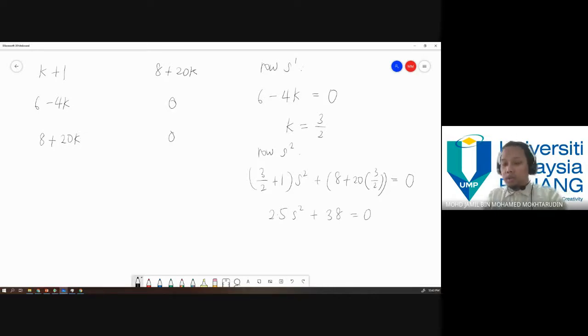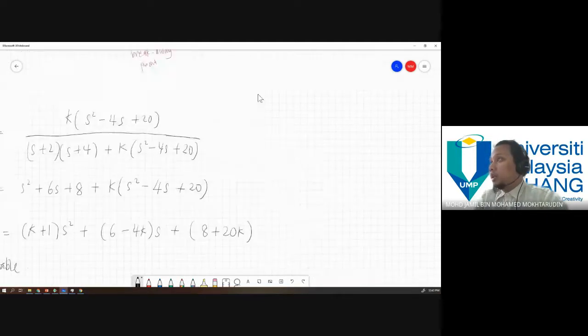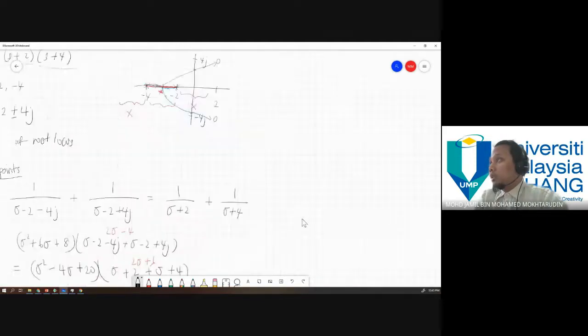So use calculator. So S equals plus minus 3.9 J. So you can take this value and see on the sketch.